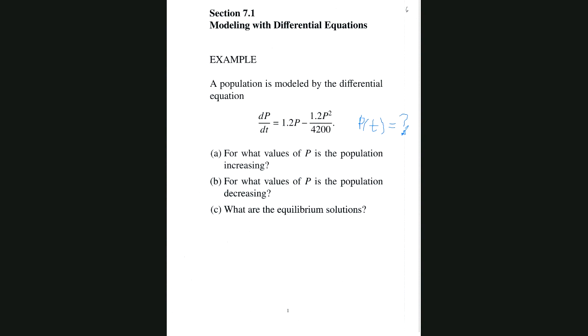But we don't get into that till section 7.3. But just because we don't know the formula for our population function, nevertheless, we can still graph the population function. Well, I want to be careful here how I say this.